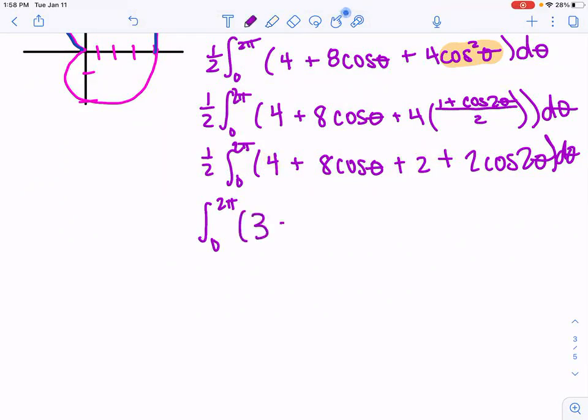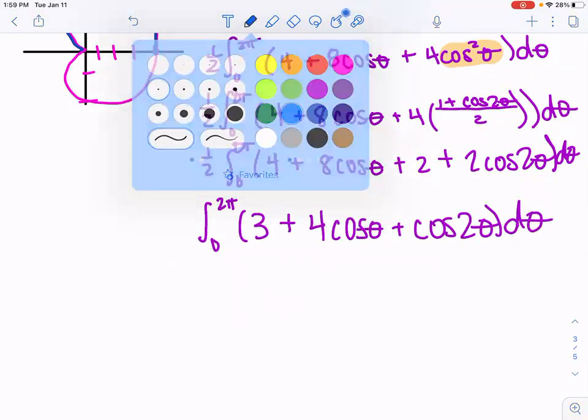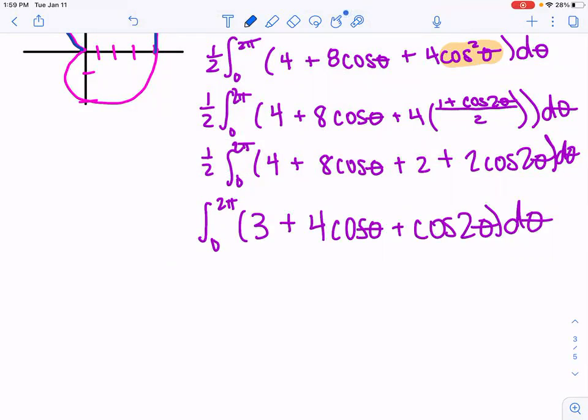So we have 3 plus 4 cosine of theta plus 1 cosine of 2 theta. Patrick, do you need a drink? Okay. Josh, antiderivative of 3. Dane, antiderivative for 4 cosine theta. 4 sine theta.